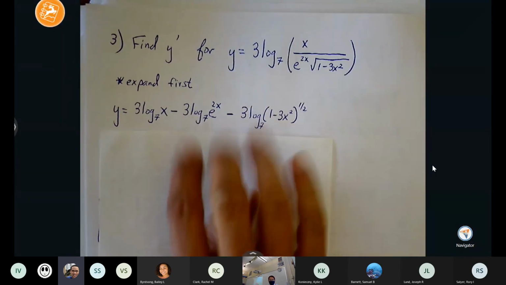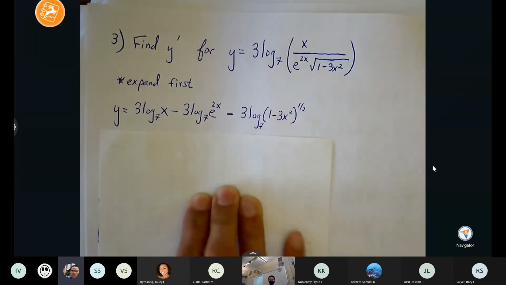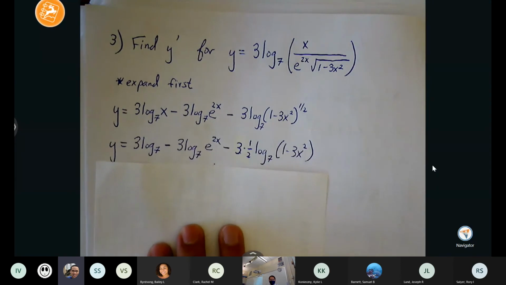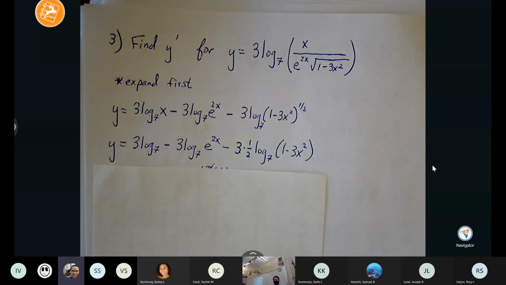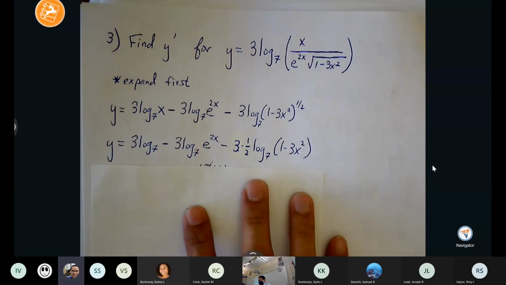If you bring it down, you'll get the same answer. It will look a little different, but it's the same thing. So it's up to you. But I'm just going to bring that 3 down, or the 1/2 down. So now we can approach this from a derivative standpoint.